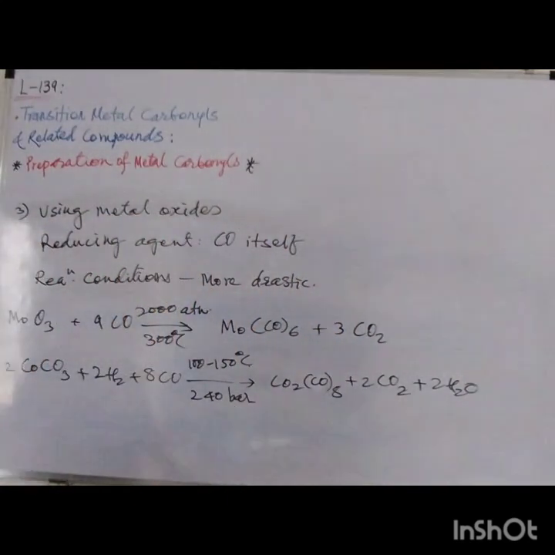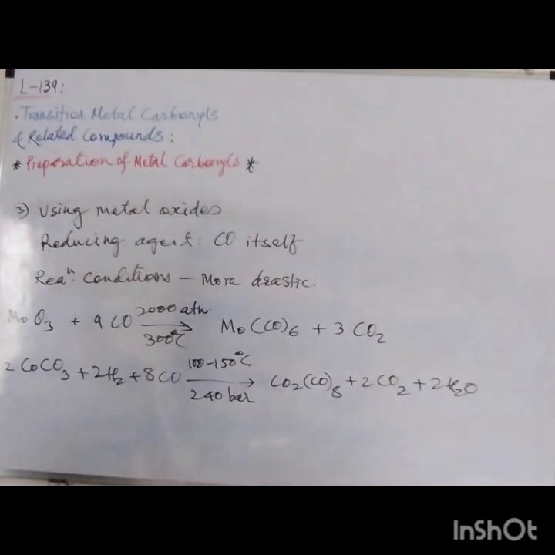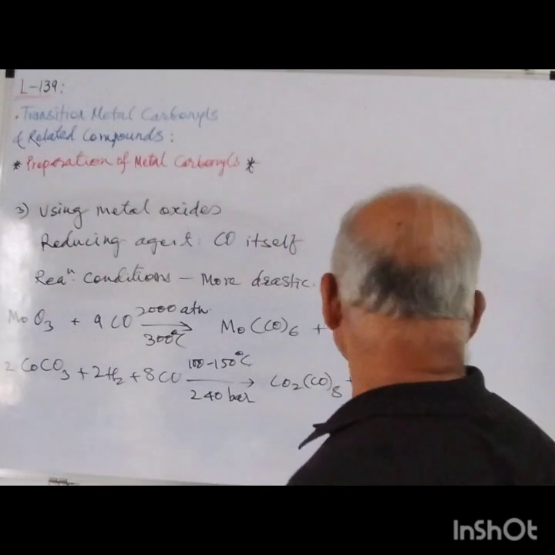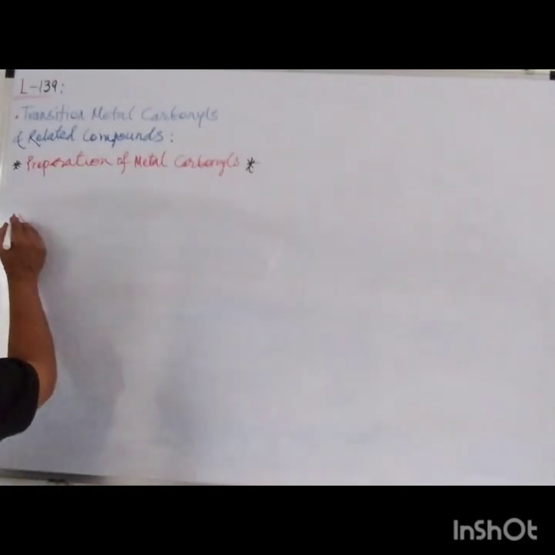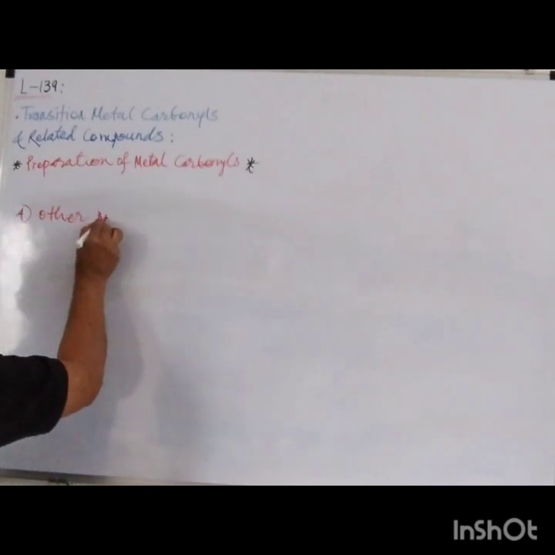So these are two reactions we have seen. Here the metal is used in the form of oxides, and here we have taken the metal in the form of carbonate. So what are other methods?